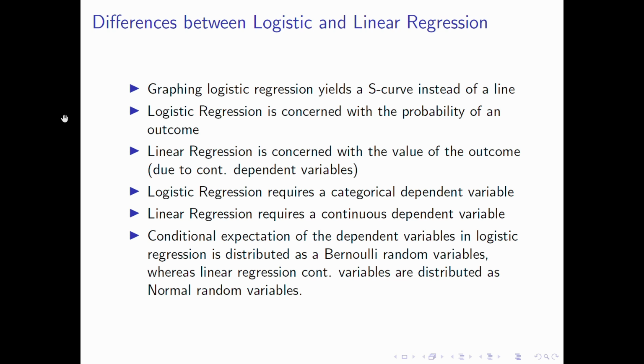Logistic regression requires a categorical dependent variable, while linear regression requires a continuous dependent variable. The conditional expectation of the dependent variable in logistic regression is distributed as a Bernoulli random variable, whereas in linear regression the continuous variables are distributed as normal random variables.